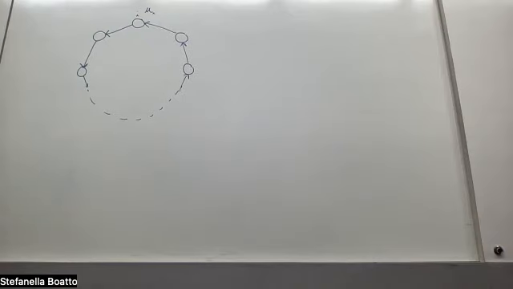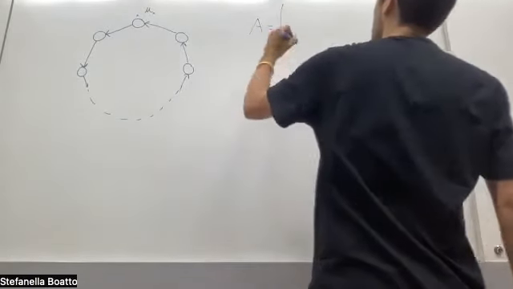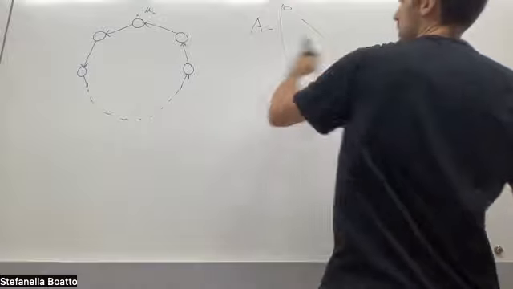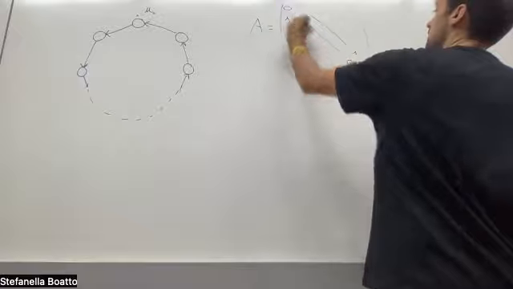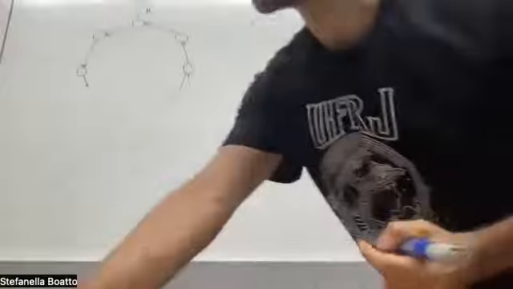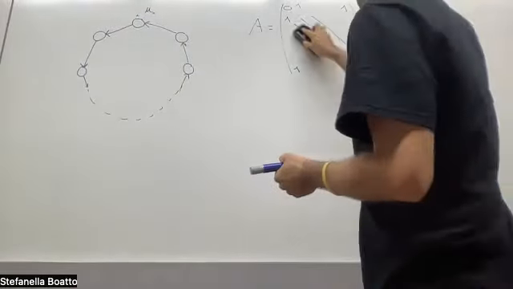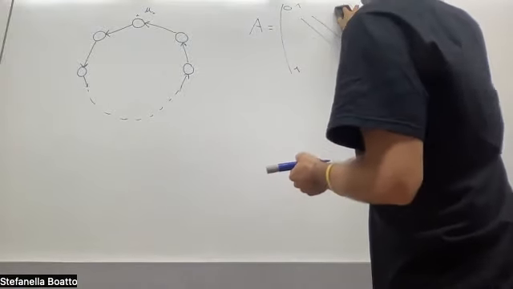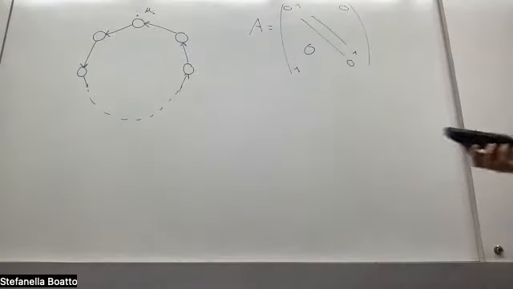So the adjacency matrix of the support, before, in the case of a symmetric network, was the following. But now we only have one direction. So depending on the convention that you use, the matrix is asymmetric.